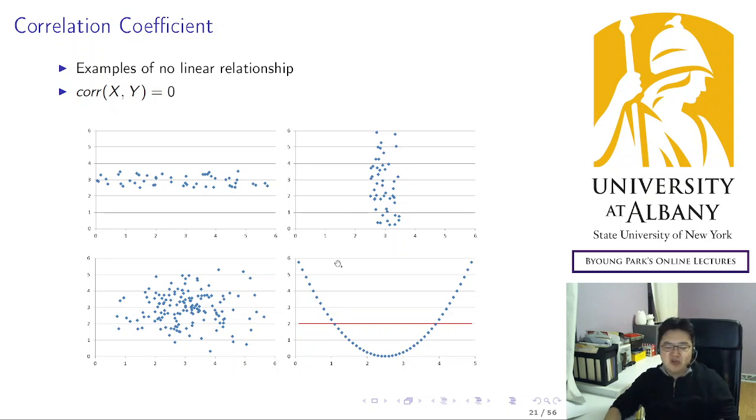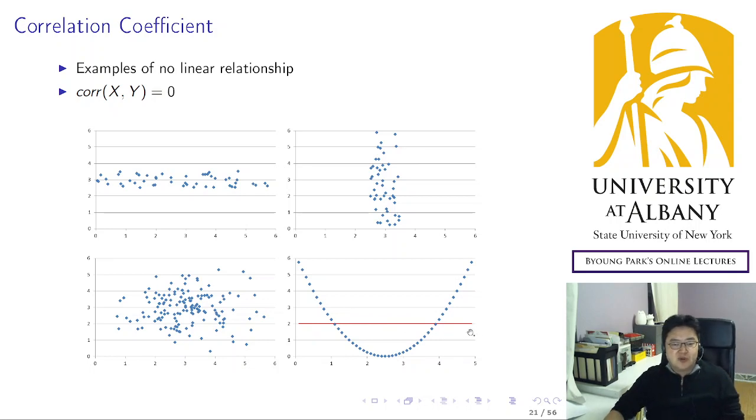Our framework is limited to linear relationships. So the best you can do is drawing a straight line that best describes the quadratic function, which means it's just a flat line like this.